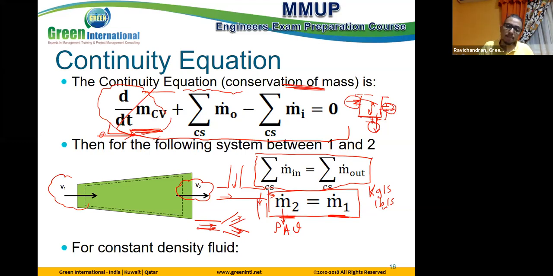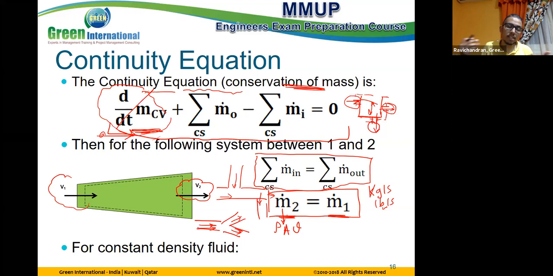In a special case, which is incompressible flow, the density does not change. For compressible flow, according to the relation between pressure and volume, we have a change in density. But for incompressible flow, normally water, oil and so on, density does not change.